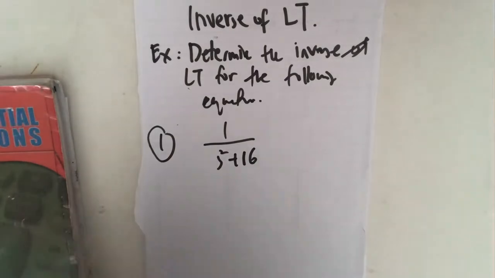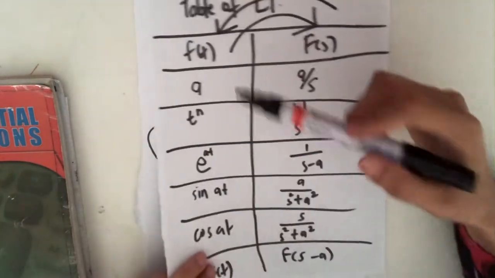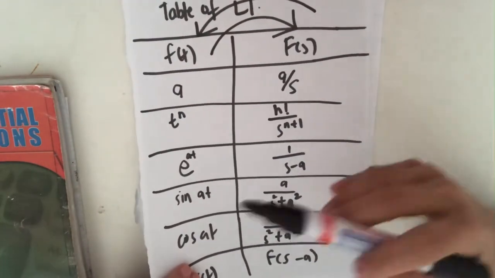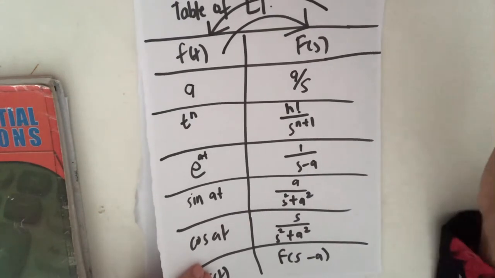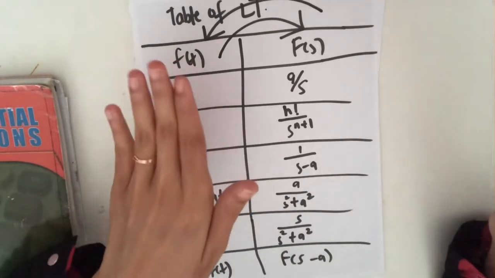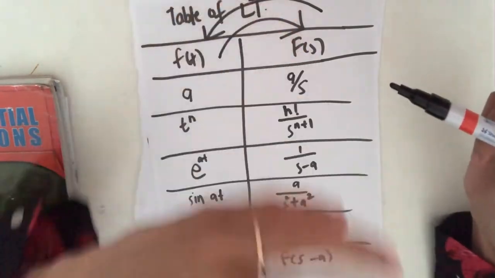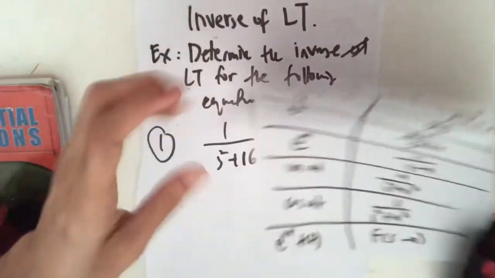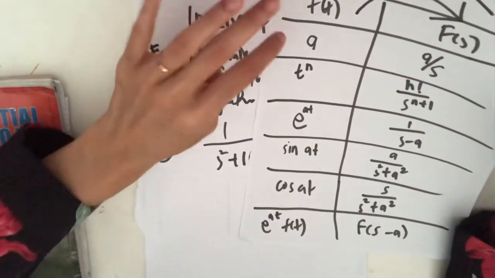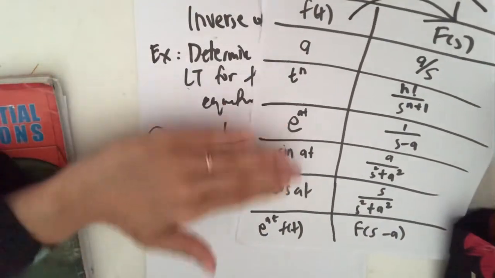Just refer back to your table, but now 1 over s square plus 16 is not f(t), it is F(s), which means it is the question. Before this, we used this table to get F(s), but now your question is F(s) and you want to get the answer, which is f(t).